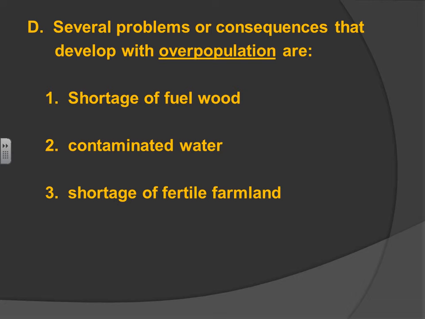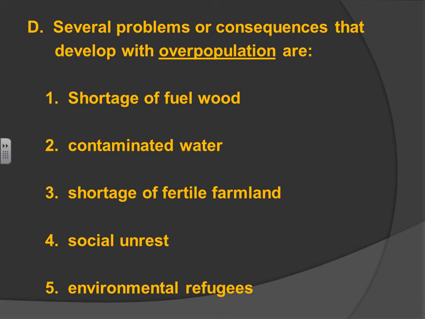Number 3, shortage of fertile farmland. Number 4, social unrest. And we're going to talk about each of these individually in a minute. Number 5, environmental refugees. Now some of these may be terms you haven't heard before, but as we talk about them, you're going to realize what they mean.